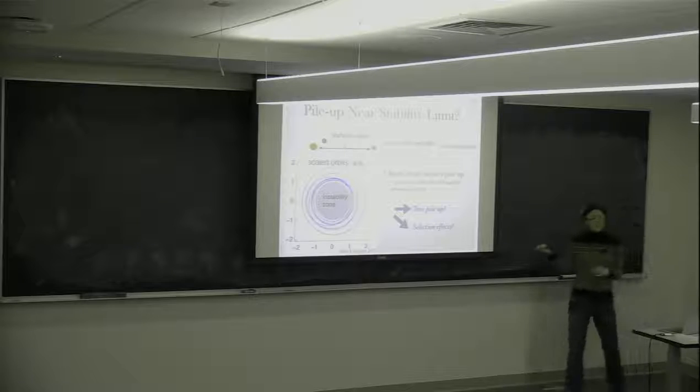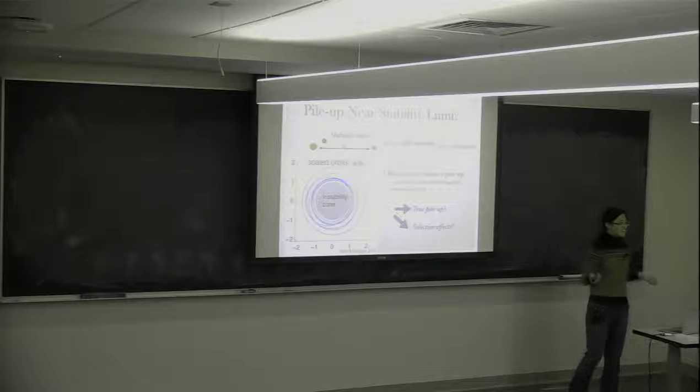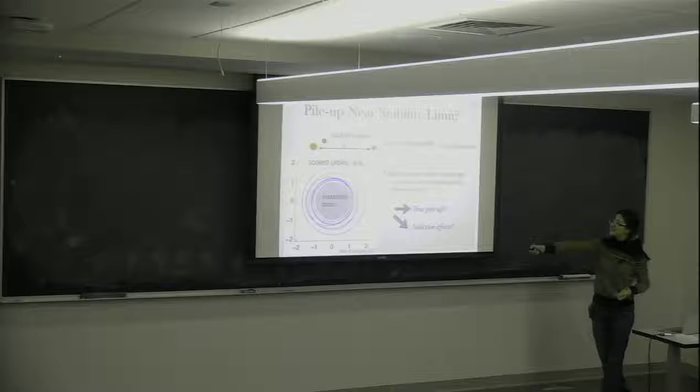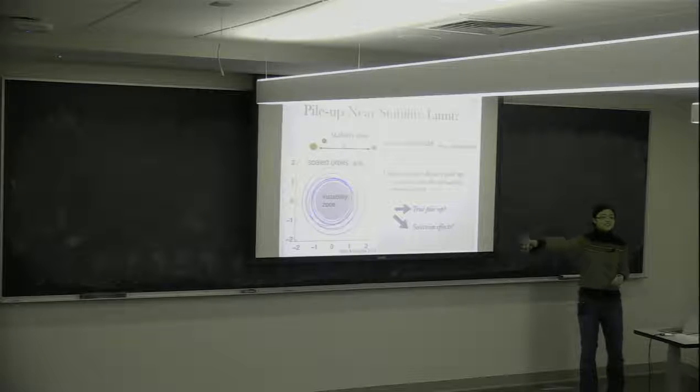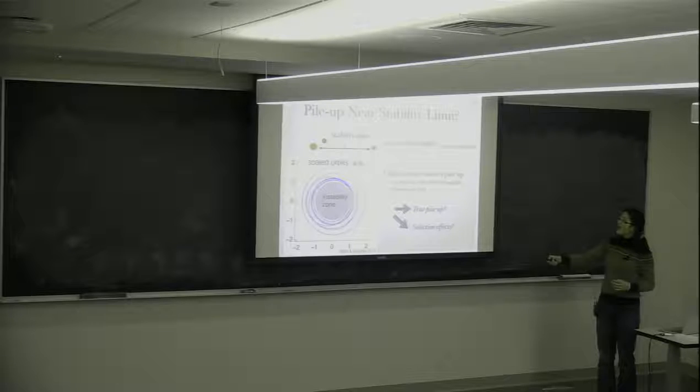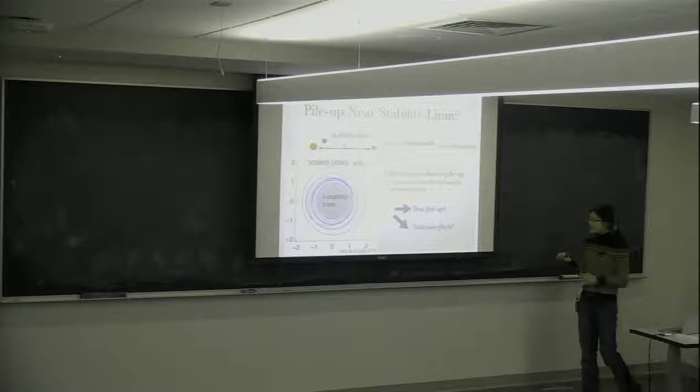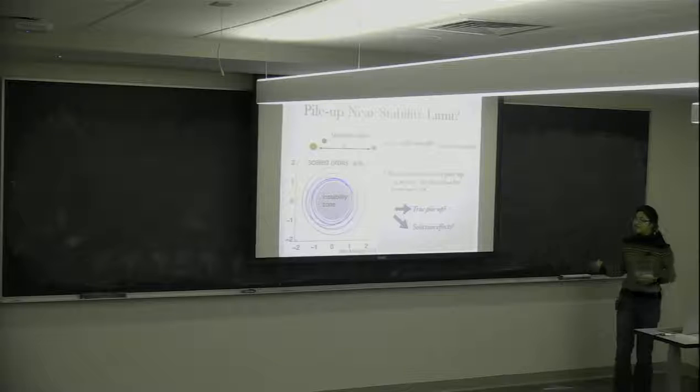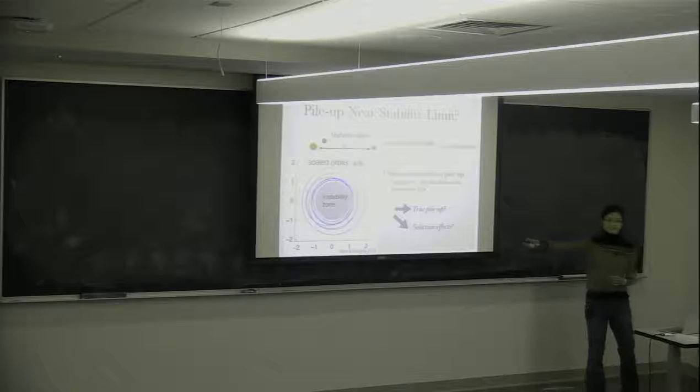The observation tells us that there is likely a pileup near the stability limit, as shown in the face-on figure here, where the blue line is the planetary orbit scaled to the stability limit, and the gray region is the instability zone. But this can be a selection effect, because it's easier to detect planets very close to the instability zone.